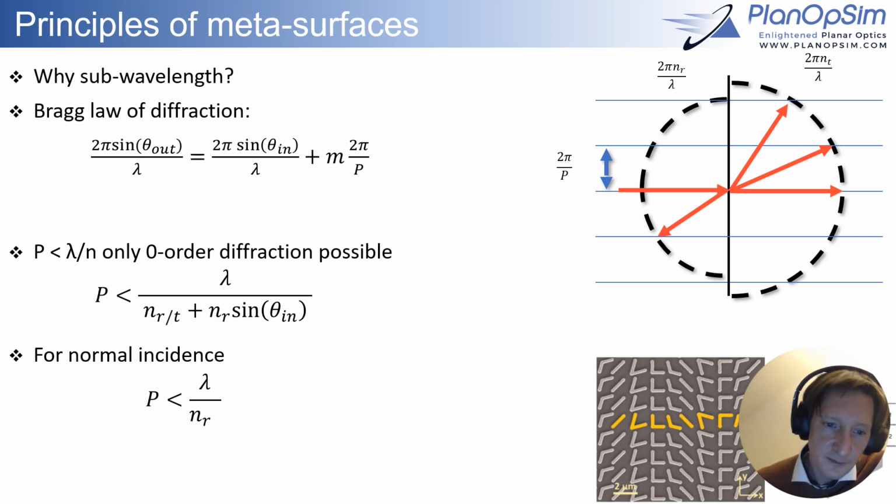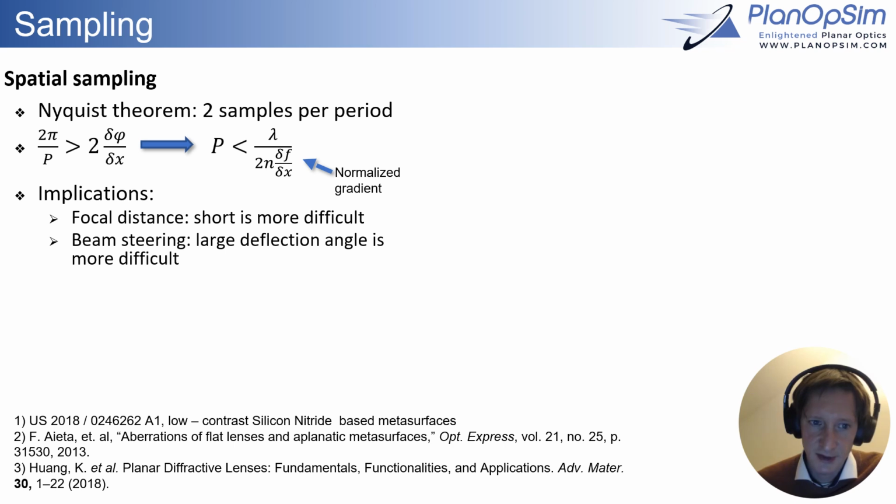If we then do a bit of math on this, we can derive from this a criterion based on the refractive index of the two mediums, so the incoming and the exiting medium, and the incidence angle, and we see that if the period is small enough, we no longer have any diffraction. And as a good rule of thumb, we can say for normal incidence, the periodicity has to be smaller than the wavelength divided by the refractive index. So this is the reason that we go sub-wavelength in these designs.